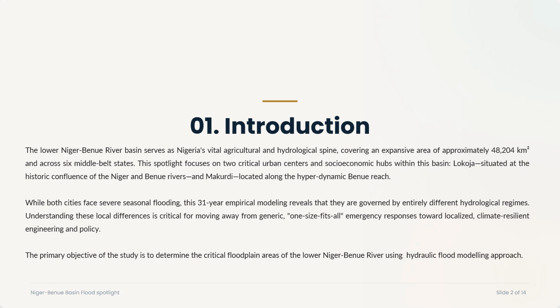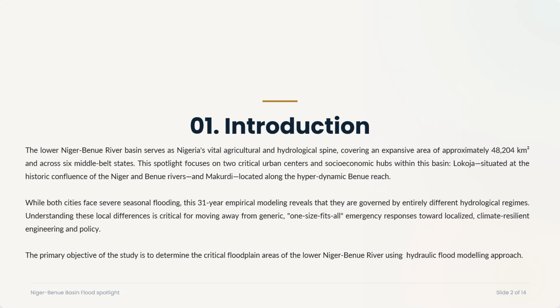However, in a regulated river basin, the old assumption of stable flood pattern no longer holds because climate variability and human intervention interact in complex ways. Along the lower Niger-Benue river, human-driven factors like cross-border flow, dam release, and urban floodplain encroachment have disrupted the natural flood cycle.